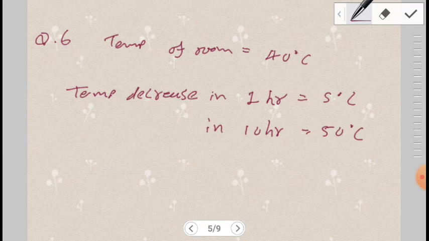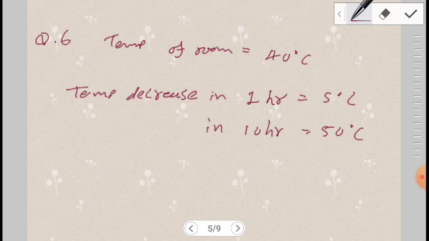In the sixth question, a certain freezing process required that room temperature be lowered from 40 degrees Celsius at the rate of 5 degrees Celsius every hour. What will be the room temperature 10 hours after the process begins?